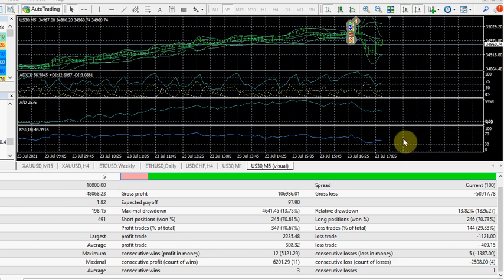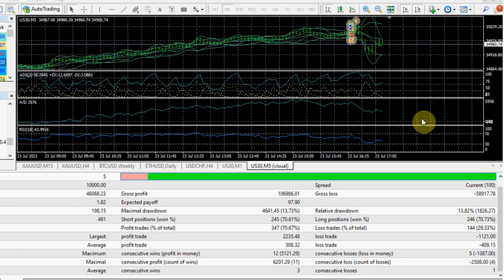If it starts to go wrong on you, this is the important thing. One thing I did learn from a lot of EA builders is that you should constantly monitor them and re-optimize them for changes in the market. This one's set to trade certain hours of the day.